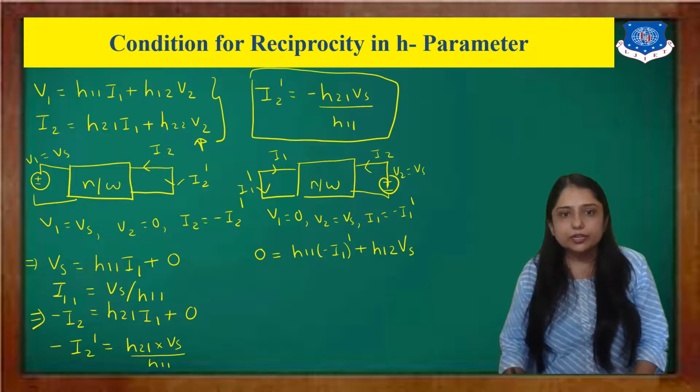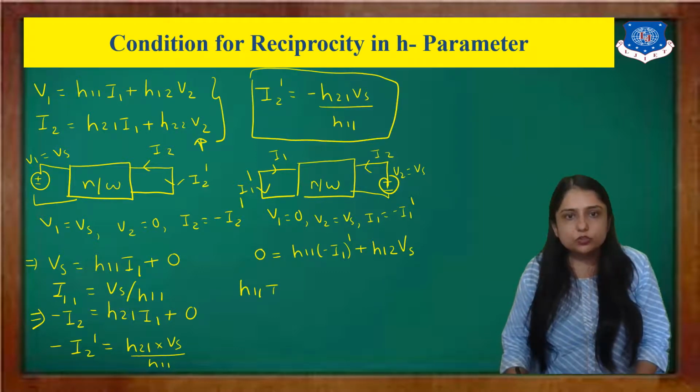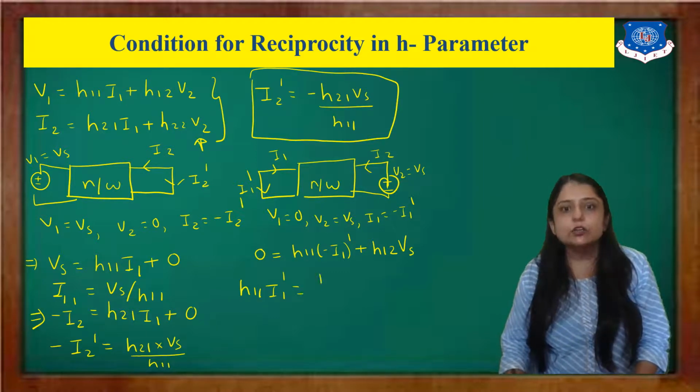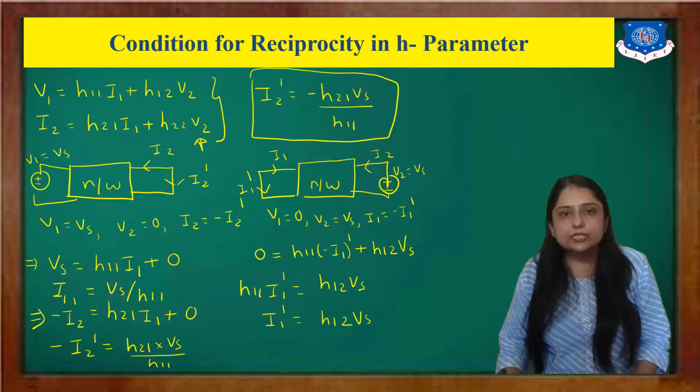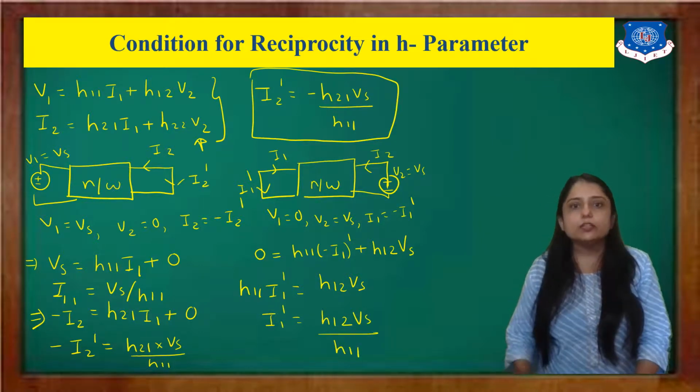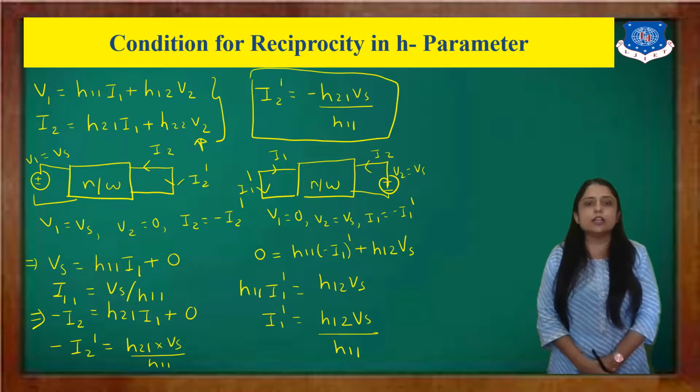So here what I will get? H11 into I1 dash that equal to H12 into Vs. So the I1 dash that equal to H12 into Vs upon H11. Right, this is the value of what?